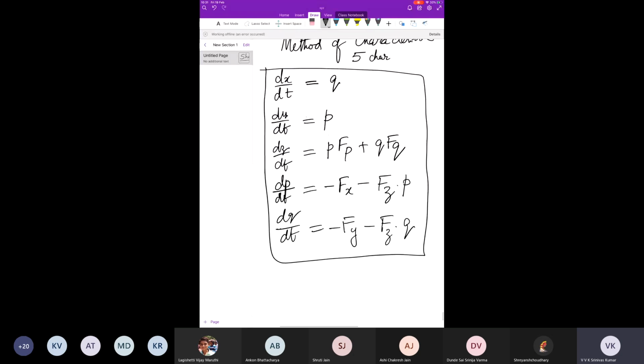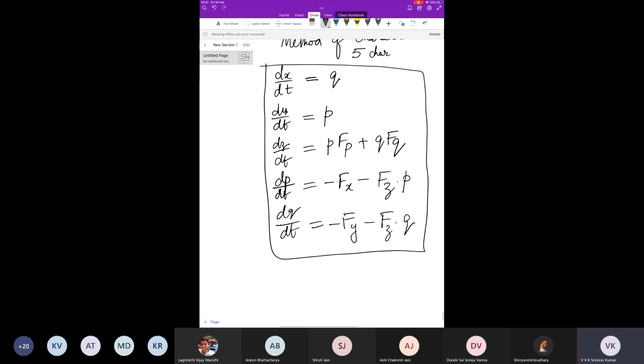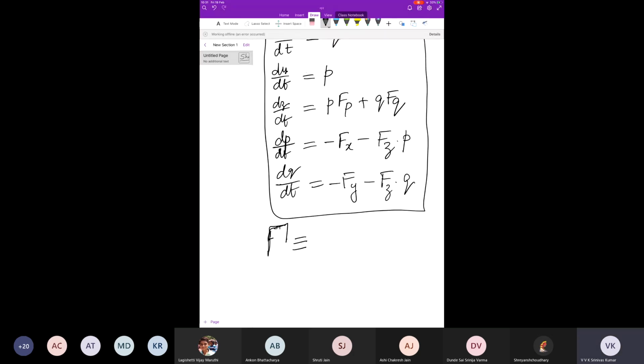There is the x variable, the y variable, the z variable, and p and q. So we have x, y, z, p, q as functions of s and the initial parameter.